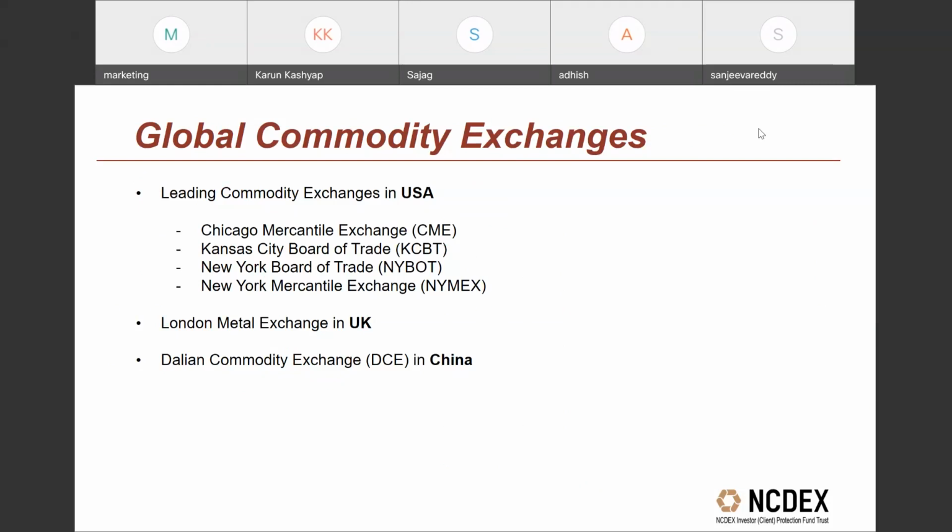The CME and the New York Board of Trade have been merged into one entity, CME, and CBOT is also part of that. Then NYMEX is there, where trading mostly happens for oil, gas, gold and silver.